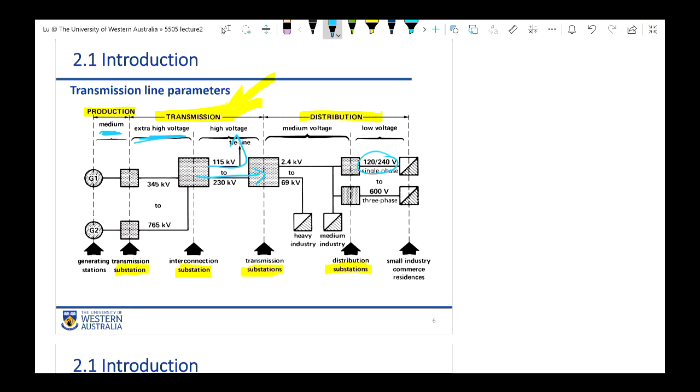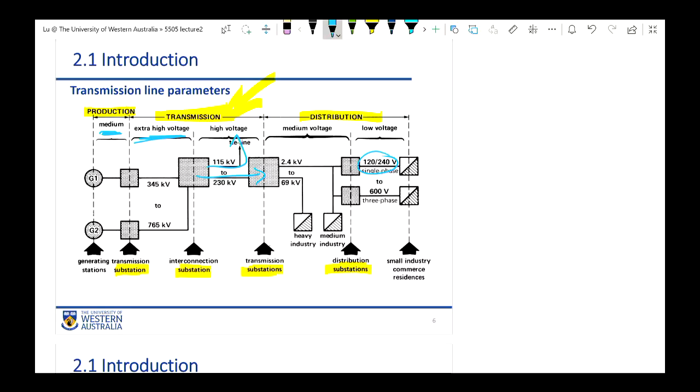We need to carry the whole train with maybe hundreds of passengers inside, so we need to give them a lot of power, otherwise they can't drive the whole thing, right? P equals VI, power equals voltage times current. If V is low, I, the current, must be huge. When this huge current flows in the cable, a large current will produce more heat, and the high temperature will burn the cables.